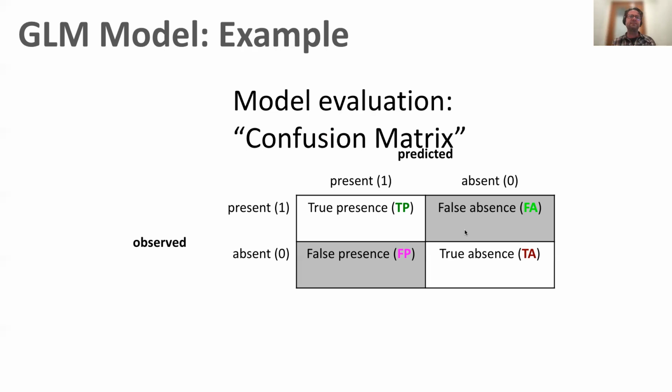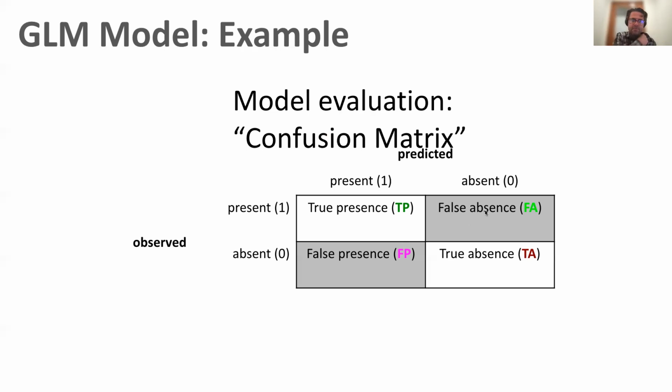And if you have balanced presences and absences and you choose a random model, like a random flip of a coin, then you would get basically 50% in all of these boxes. So this is how we can evaluate how well we're doing in general.